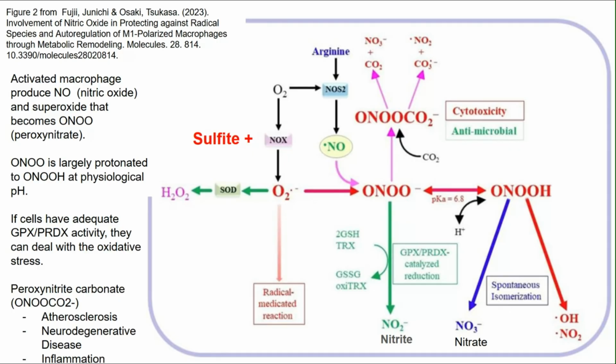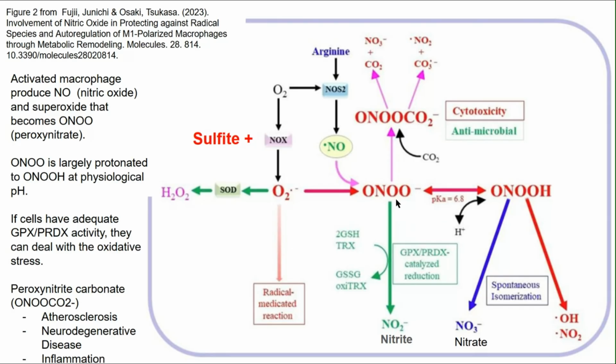So anyone with a copper deficiency is at a high risk of struggling with the nitric oxide that's floating around freely in the blood, that's a gasotransmitter being released by macrophages, and also superoxide that floats freely around in plasma. Those two things can combine and produce peroxynitrate.